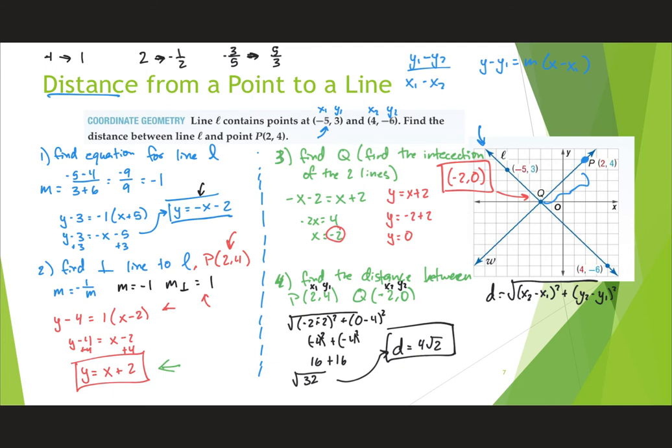All right. Now at this point we have finished. There is our answer. 4 root 2 is our distance. But what I want you to do is take a small step back and just look at the amount of work we had to do to find that number. These problems do require a lot of work. However, look at all the math we did. As far as basic math goes, there wasn't a whole lot of hard problems.